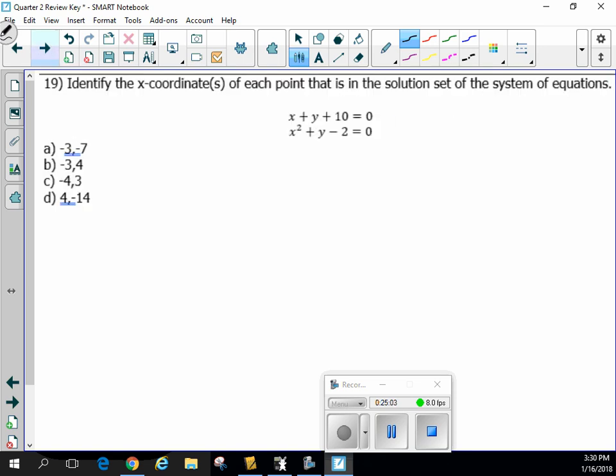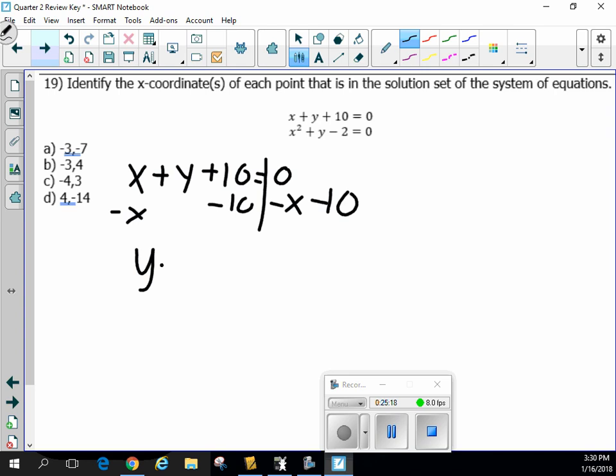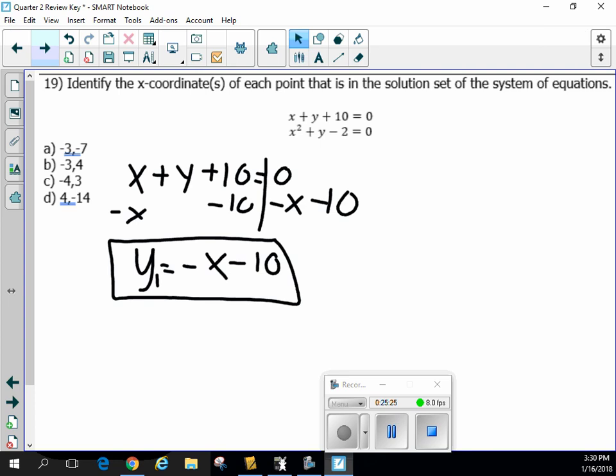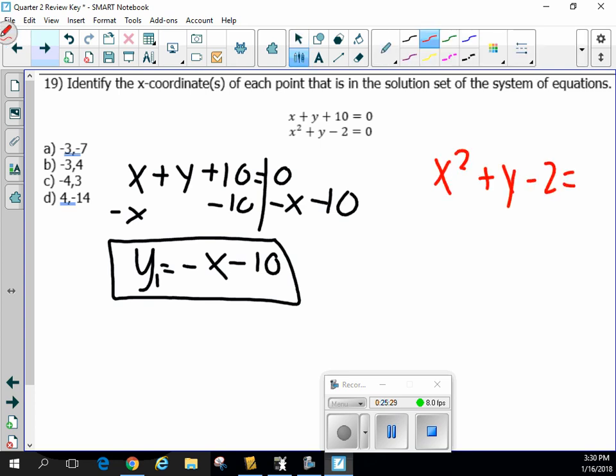Number 19, in order to solve this, we need to solve each equation for y first. So x plus y plus 10 equals 0. You're going to subtract x and subtract 10 from both sides. When doing so, we get y equals negative x minus 10 for y1. And our second equation, x squared plus y minus 2 equals 0.